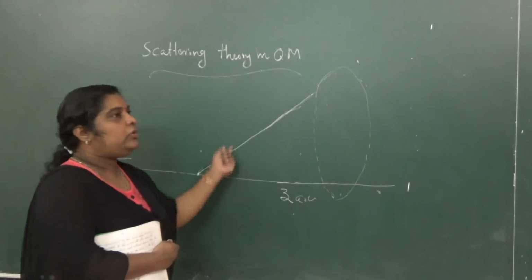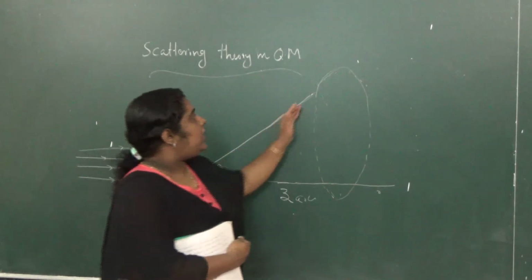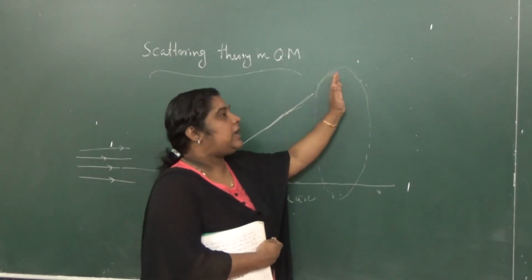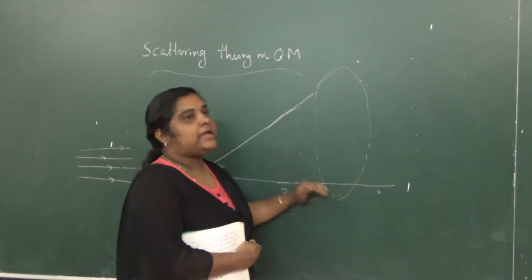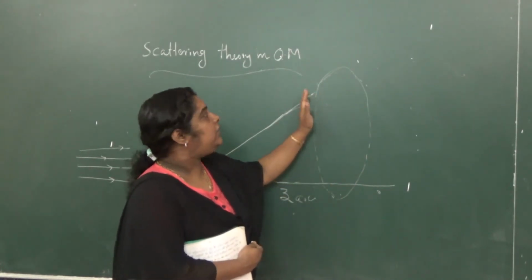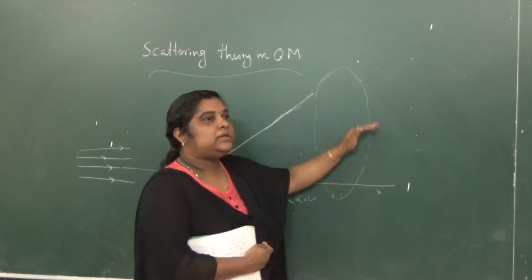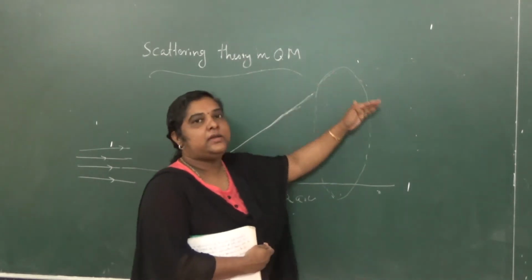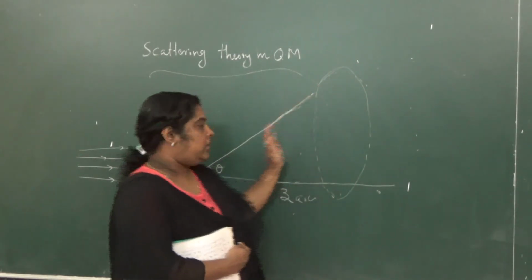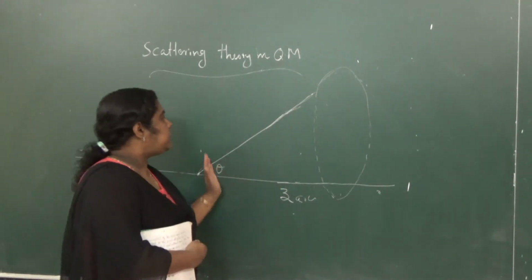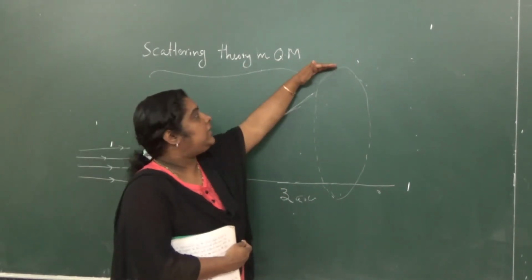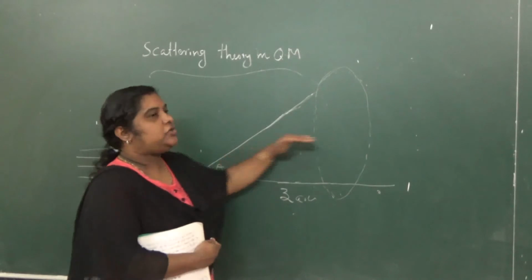To analyze the scattered particles, we have to scan detectors at different angles. You change theta to some angle and you get the detector here, then change theta again.